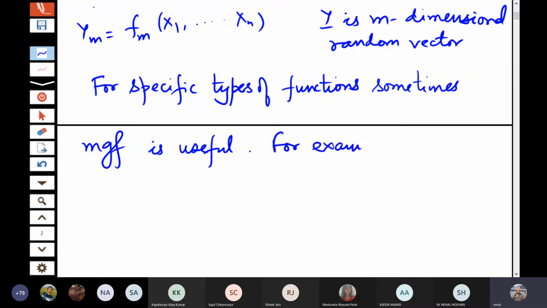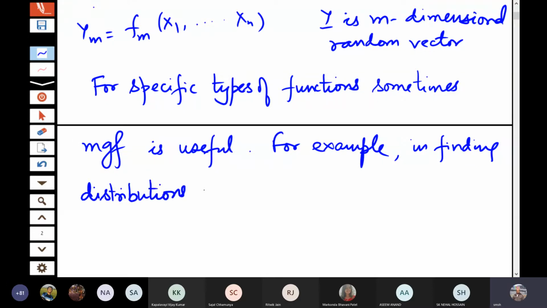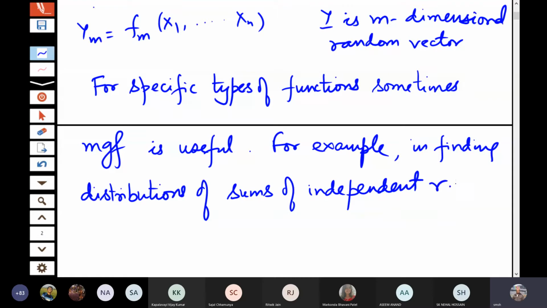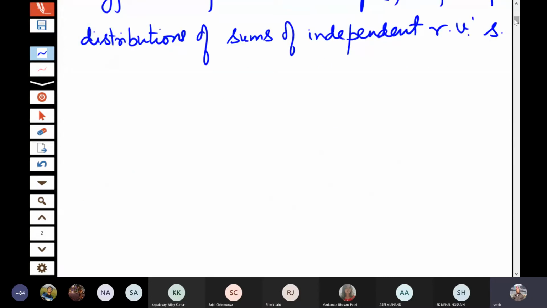For example, in finding out distributions of sums of independent random variables, because we have seen that the MGF of the sum is equal to the product of the MGFs if the random variables are independent. Okay. So let me take up one example here.